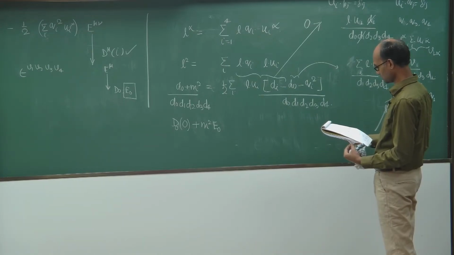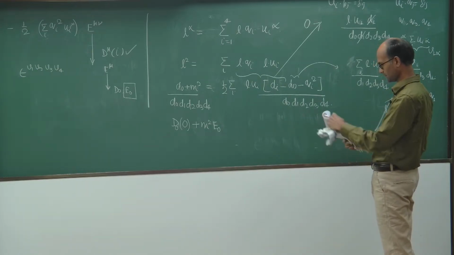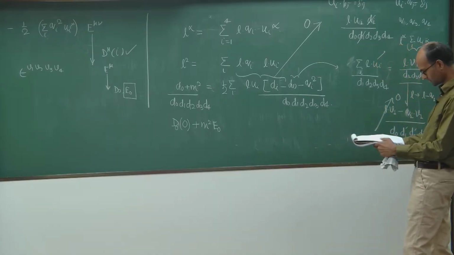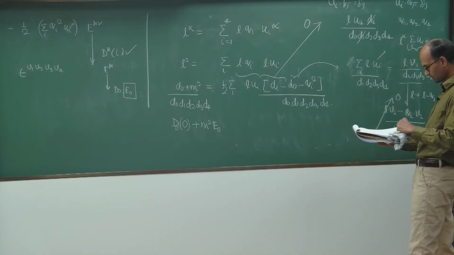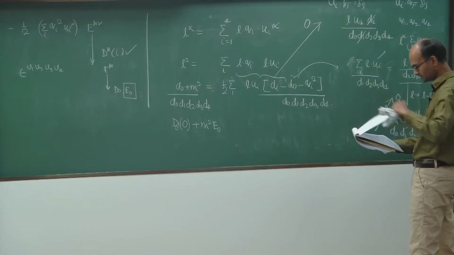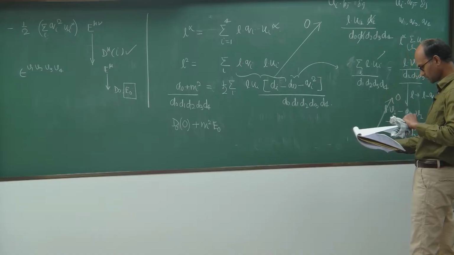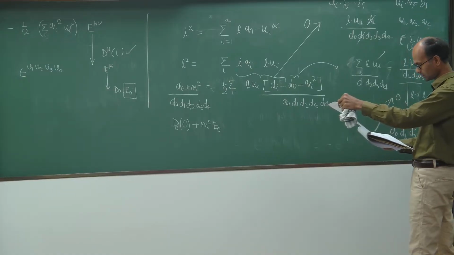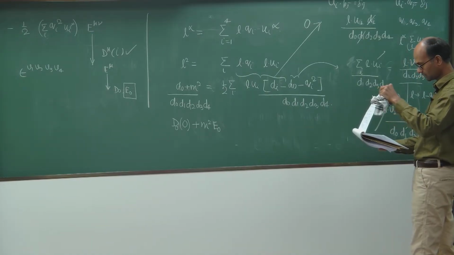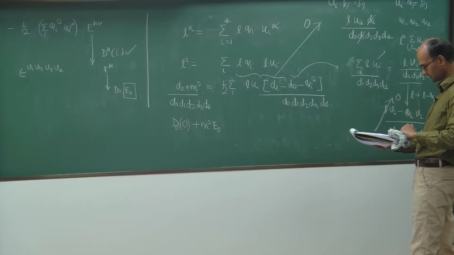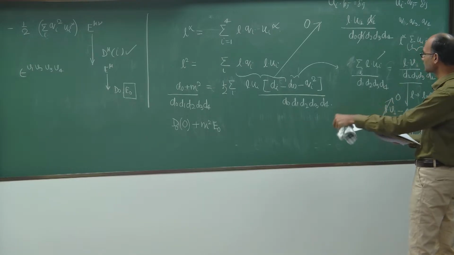L dot Ui. Yeah, let me just quickly spot that, because otherwise we will be having this term. So 2m squared D0 is here. Okay, yeah, so I have spotted that.